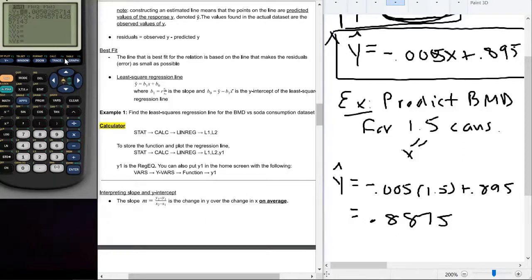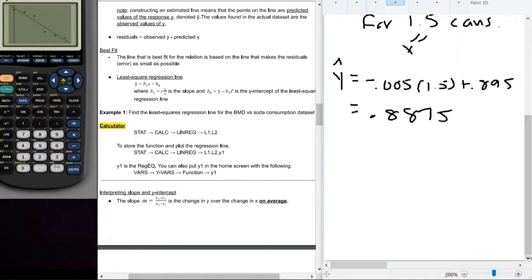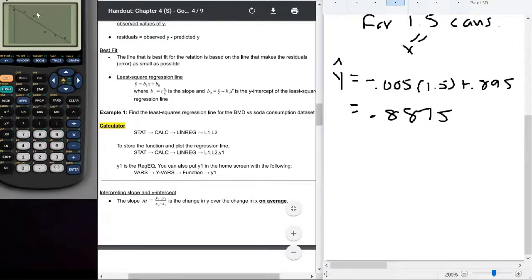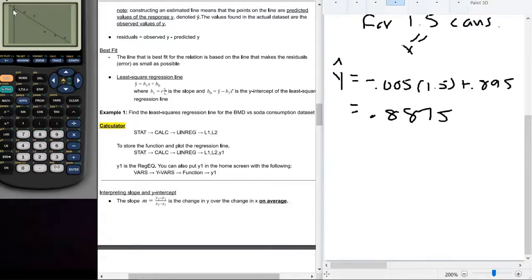Now, one of the last things we can do with the best fit line is called residuals. If you look at this calculator here, this point right here is for 0 sodas consumed, this is for 1, and this is for 2 sodas consumed.